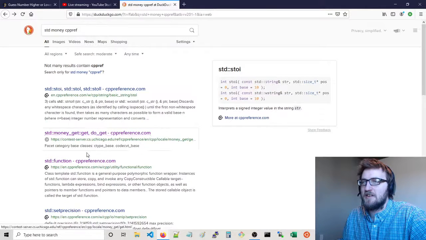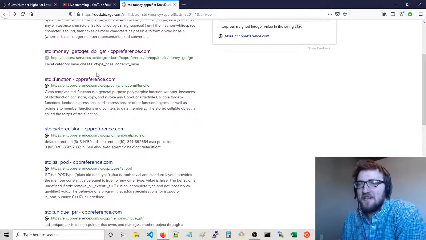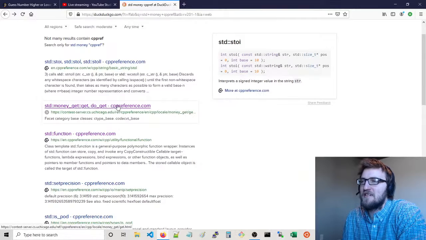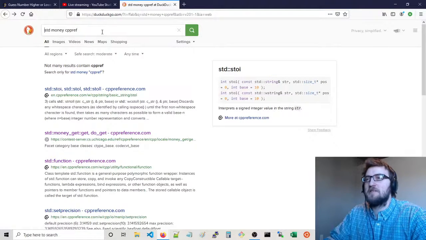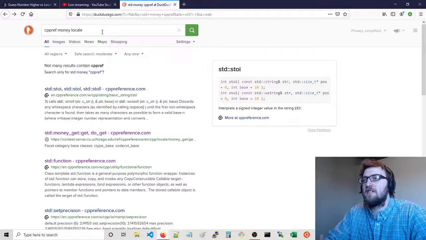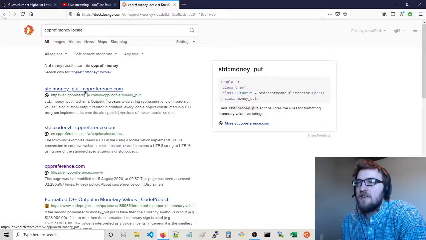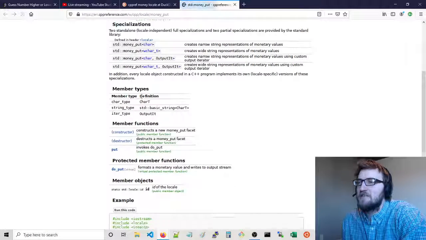Did I make a mistake? I was like, that doesn't look like the locale money get. Yeah, it's the locale money. Hold on. Money put. There you go. Yeah, the money put function. It's real.